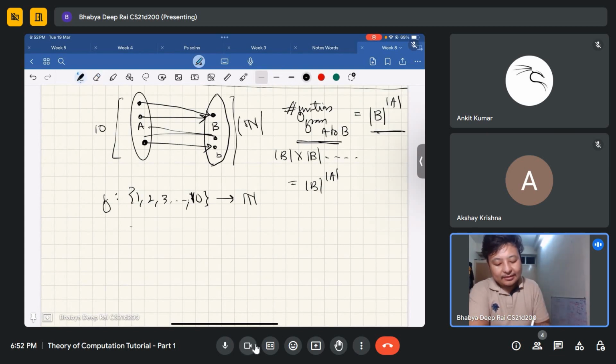So the number of functions is equal to size of natural numbers to the power 10.